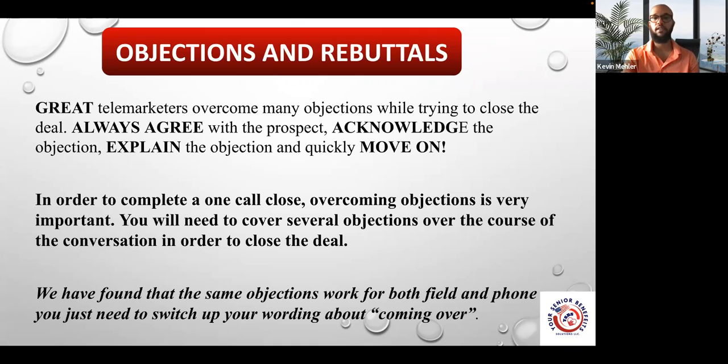In order to complete a one-call close, overcoming the objection is very, very important. You will need to cover several objections over the course of the conversation or your presentation in order to close the deal. Now, what we found, guys, is that the same objection worked for both field and phone, so it doesn't matter. You just kind of need to switch it up a little bit, okay?